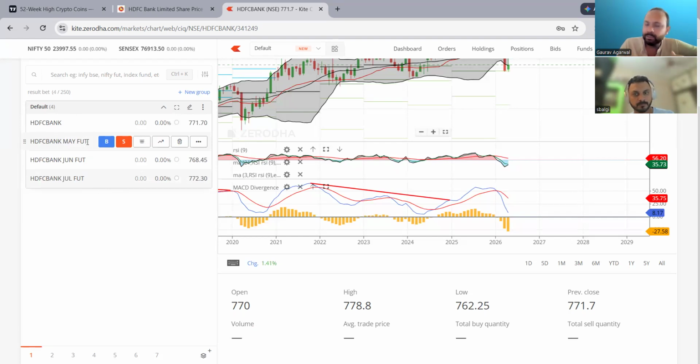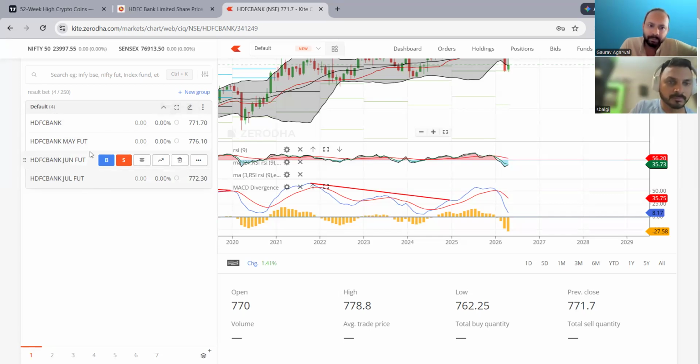You will find FUT, whatever stocks are available in future and options, you will find the name like this, FUT, right? And the price will be different, right? The cash price will be less most of the time, and the future price will be more most of the time, right? As you can see, 776, 768, and 772, right?